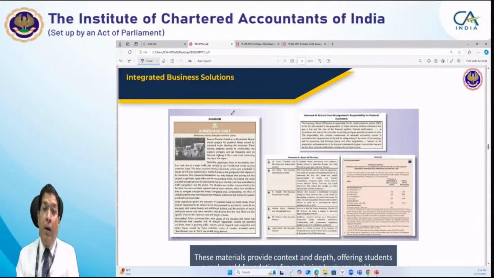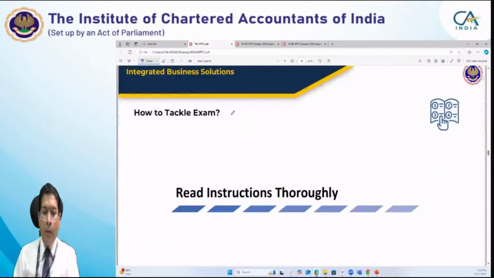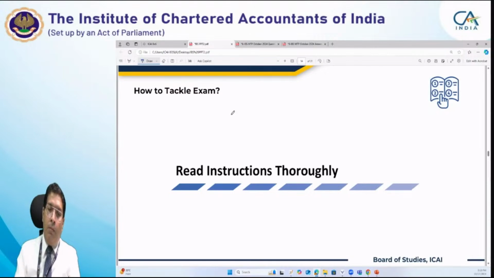You may find an MCQ or descriptive question based on that. It is part of the case study. Read carefully and reply based on the question's requirement. It is very important to read instructions very carefully.